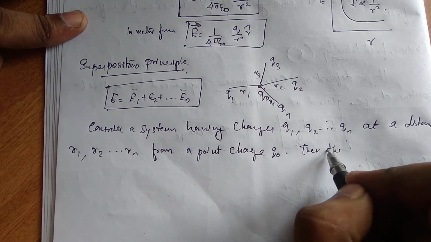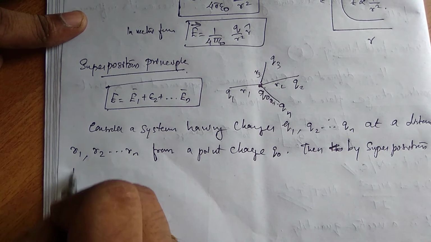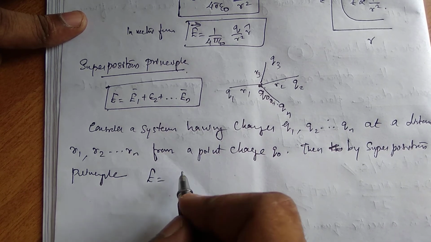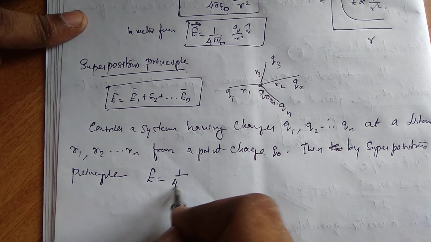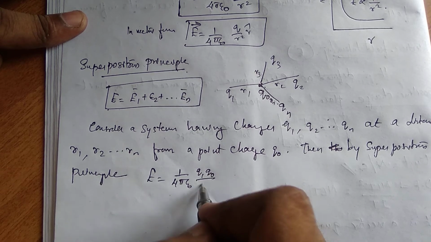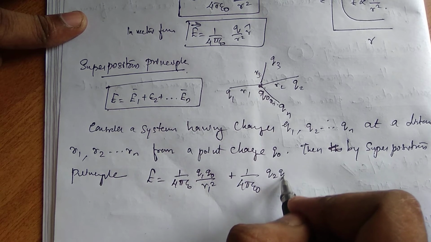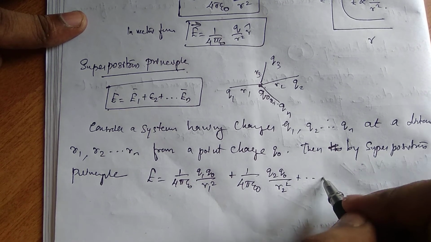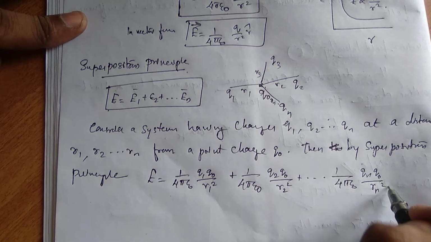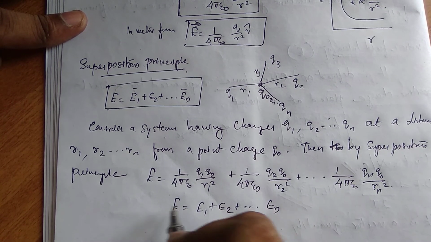Then by superposition principle, E equal to 1 by 4 pi epsilon 0 q1 q0 by r1 square plus 1 by 4 pi epsilon 0 q2 q0 by r2 square plus etc. 1 by 4 pi epsilon 0 qn q0 by rn square, or E equal to E1 plus E2 plus etc. En.